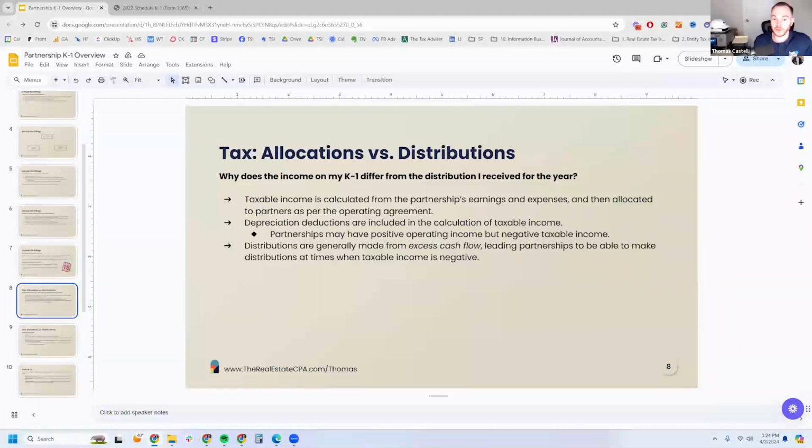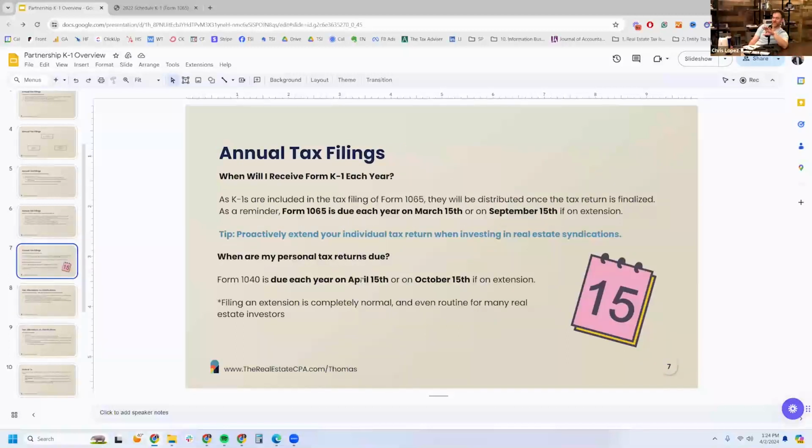Actually, before we move on, I want to highlight that a lot of times, the estimated K1s, like for the majority of deals I've invested in, I get those. The ones I've GP'd, we give those out as well. But understand, those usually come out between about April 1st and April 14th in my experience, so they come down close to that April 15th window.